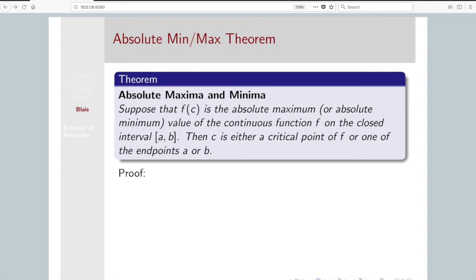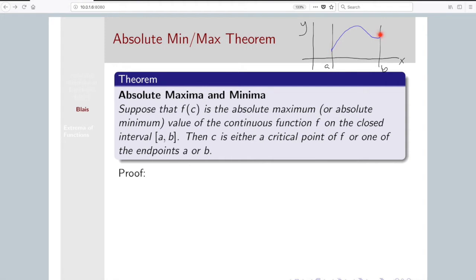Recall that we had the result that if you have a function that is continuous on the closed interval [a,b], which means when we draw the function, we start here, and I can't take the pencil off the paper, we had a theorem that said such a function attains a maximum value on [a,b], and it also attains a minimum value on [a,b].